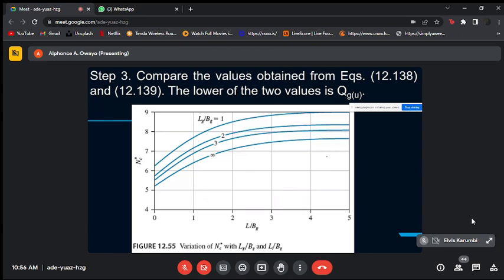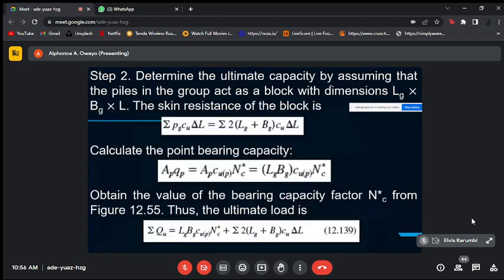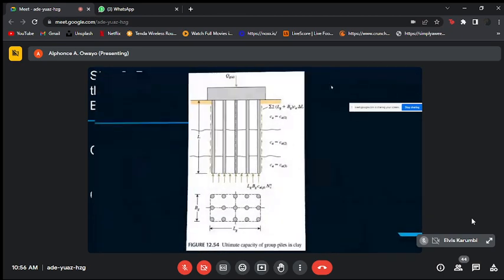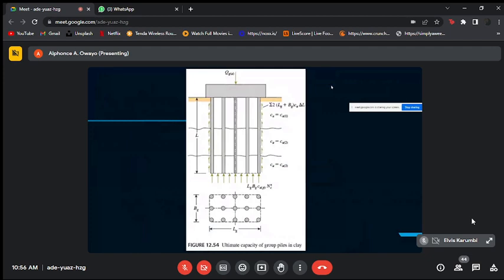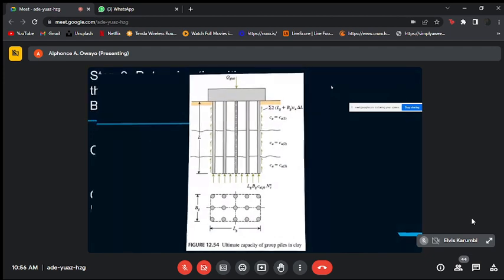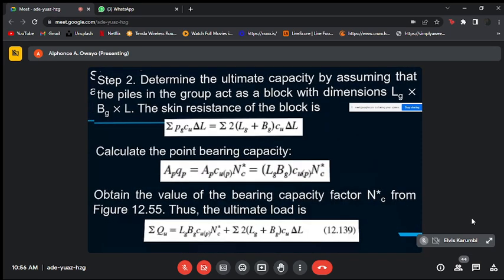When you have a curve, you have no excuse, because it's just about reading from the curve. So this is how you can get NC for a group pile based on the dimensions. And at your own time, you can try to follow the formula, relate it with that of single piles, and see what is happening there.